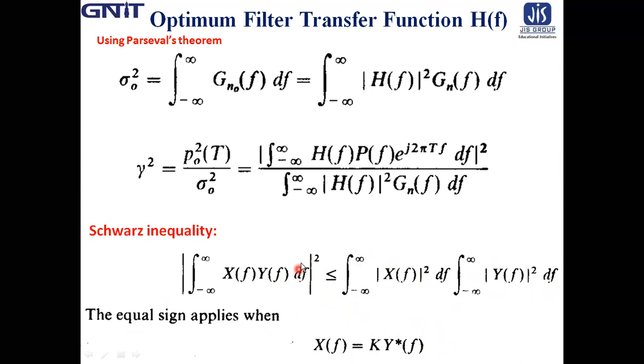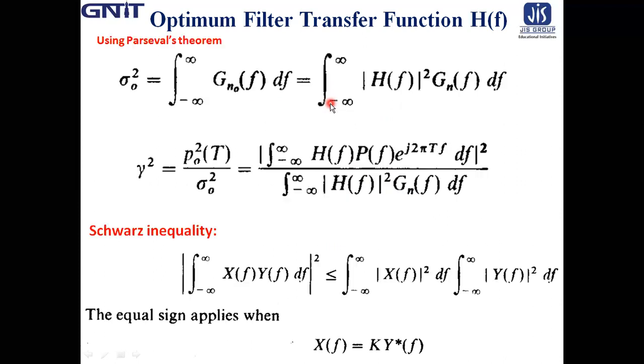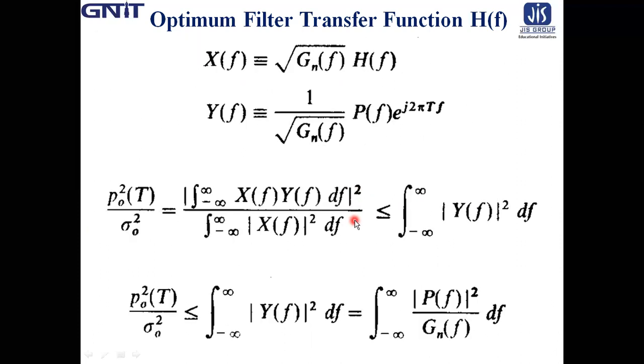Now using this Schwarz inequality, we can solve this expression. We apply the inequality by making the identification x(f) equal to square root of Gn(f) into H(f), and y(f) equal to 1 by root over Gn(f) into P(f) e to the power j 2 pi ft.